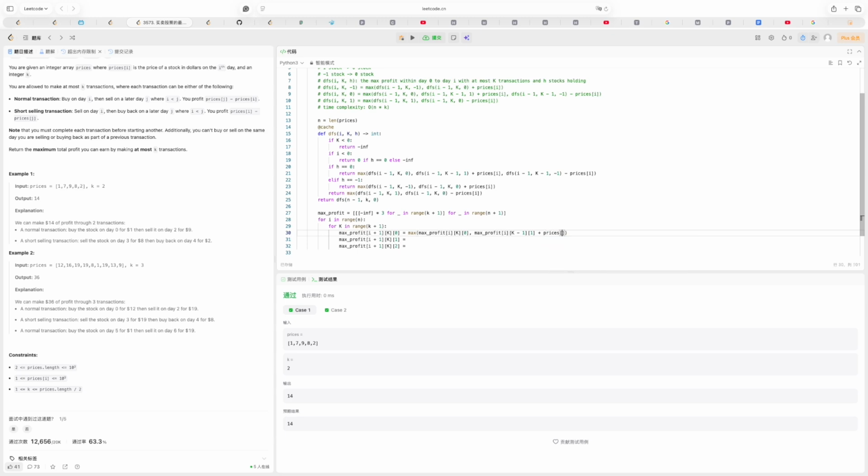We'll have prices I, and the other option will be buy back the stock. And this will also be finishing one transaction. So we have to minus k, and this will be when buying back. In the previous day we have to owe one stock, so it is -1.